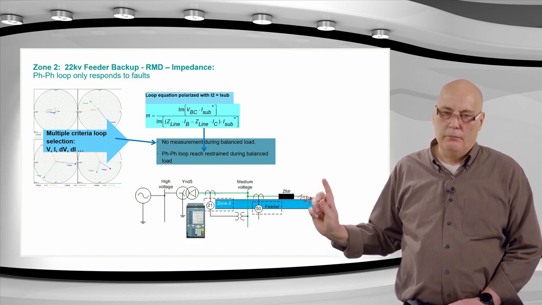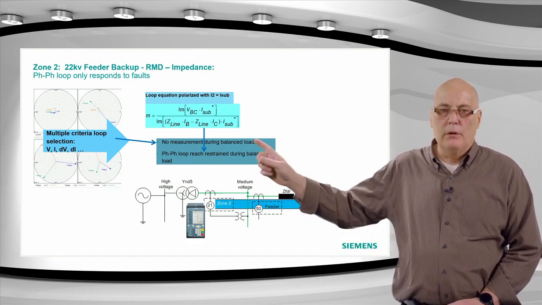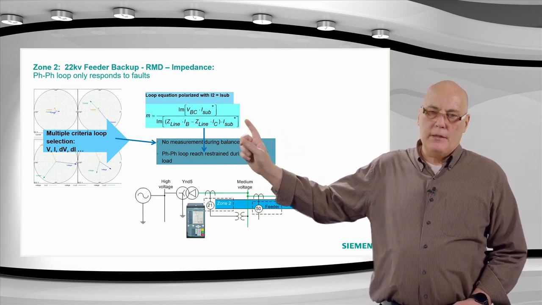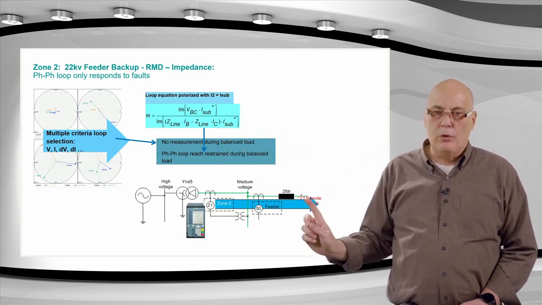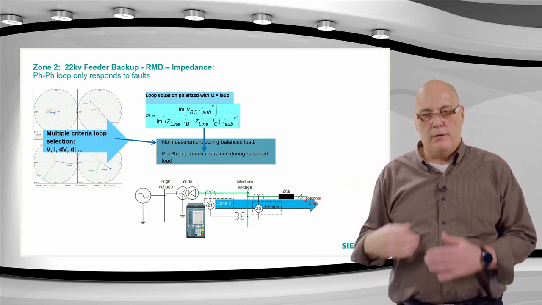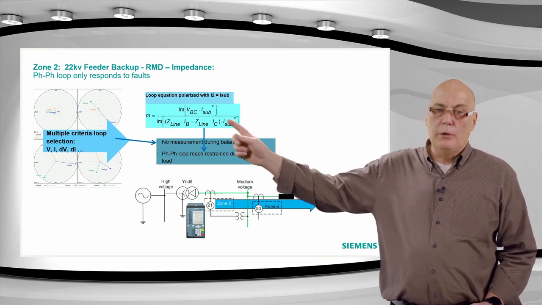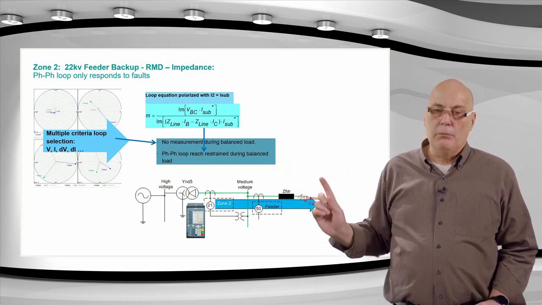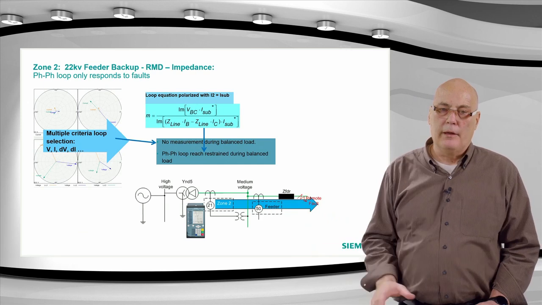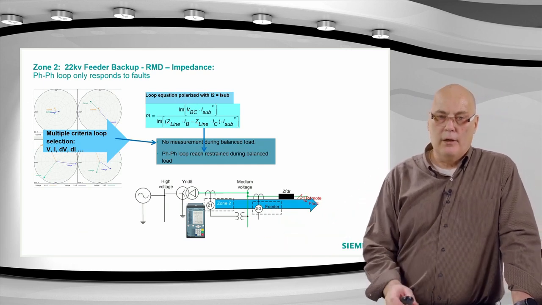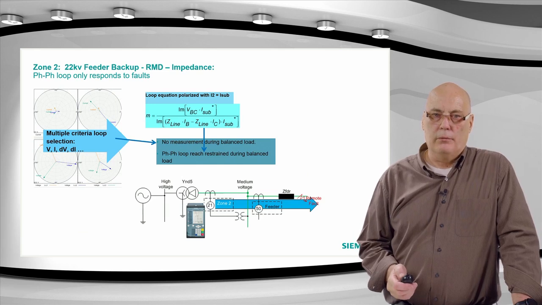The zone 2 can detect that fault inside the characteristic, because remember the RMD technique would not pick up on a load here, but can detect a fault because the substitute current is based on negative sequence, and during load we don't have negative sequence, so it will not pick up on the load condition, but the fault condition it will pick up inside the characteristic. That's why the RMD can trip for faults inside a load cutout if it's an asymmetrical fault.